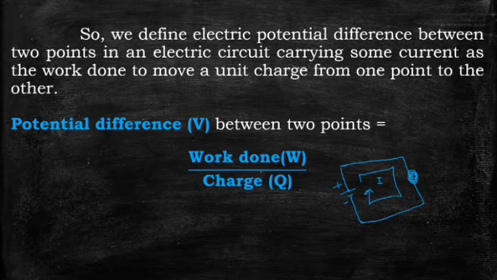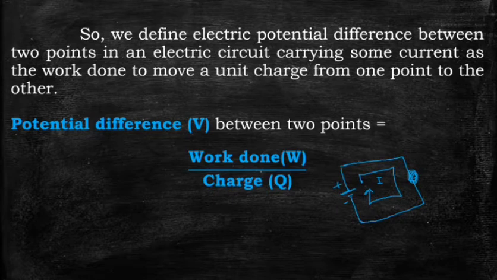What they are defining is the electric potential difference between 2 points. These are the 2 points, plus and minus, in an electric circuit. This is the electric circuit carrying some current. I is the current which is carried. It is the work done to move unit charge from one point to the other. Since it is carrying some current, there will be some charges.